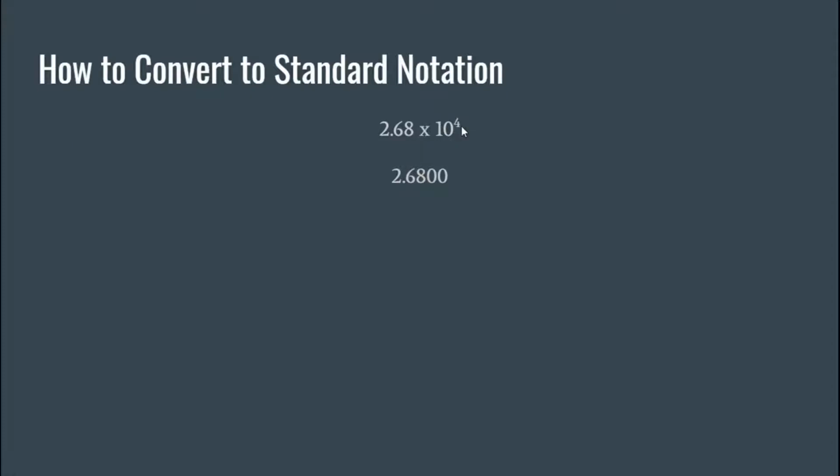This 4 is positive, and if you remember on the number line, positive numbers are on the right side. So this decimal is going to move to the right 4 times. So our number in standard notation looks like this. Simple enough. Okay, let's try another one.